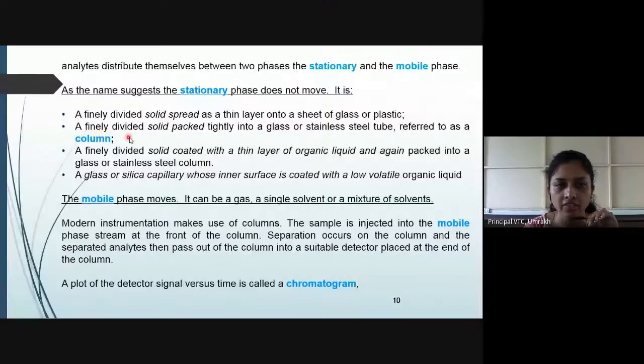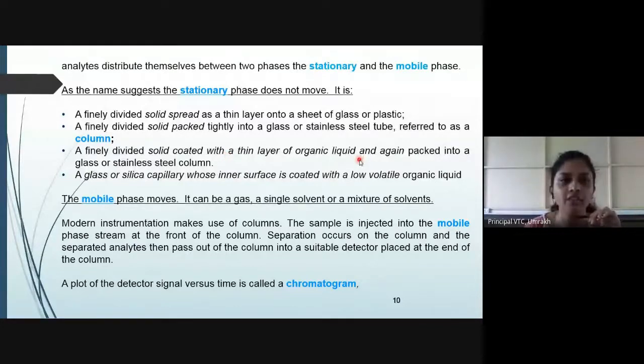The difference between the second and third is that in the second, the solid is packed directly, while in the third the solid is coated with a thin layer of organic liquid before packing. In the second, if you use liquid as the mobile phase, partition will occur between the stationary phase and the liquid of your mobile phase for separation.